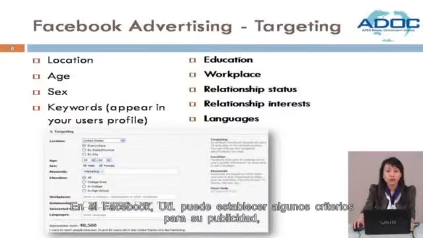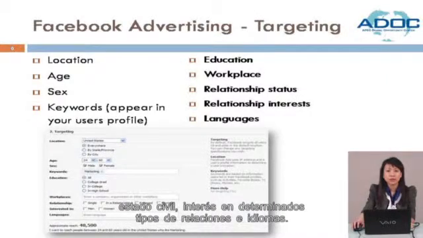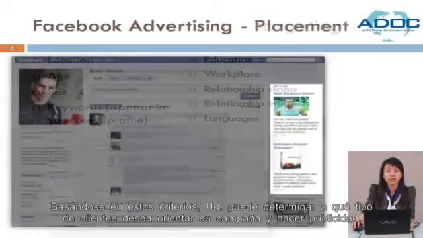In Facebook, you can set some criteria for your advertisement, such as location, age, keywords, education, workplace, relationship status, relationship interest, and languages. Based on these criteria, you can determine what kind of customer you want to target and advertise to.